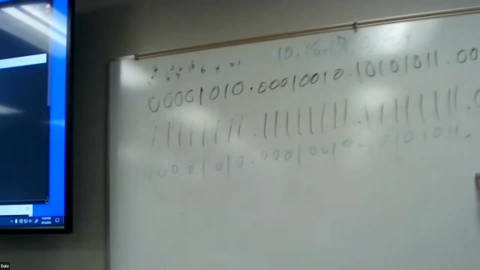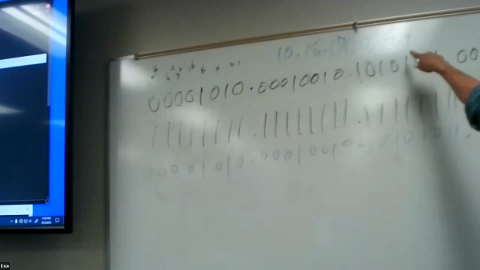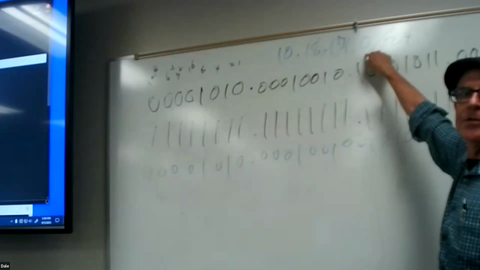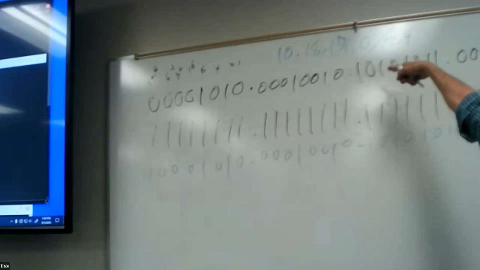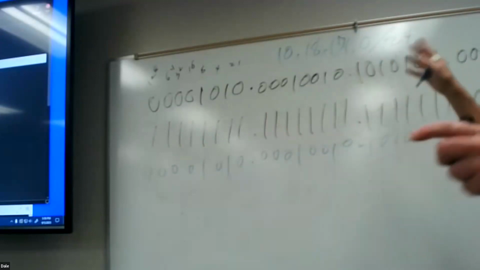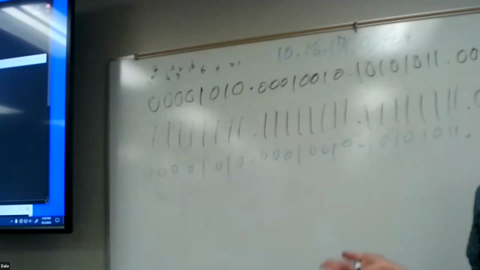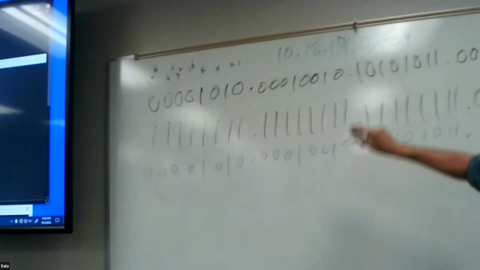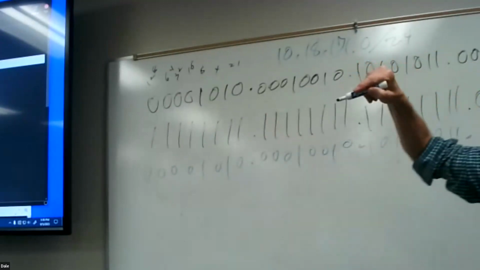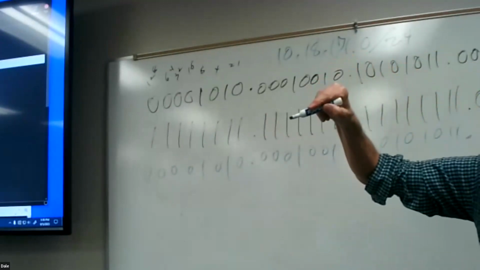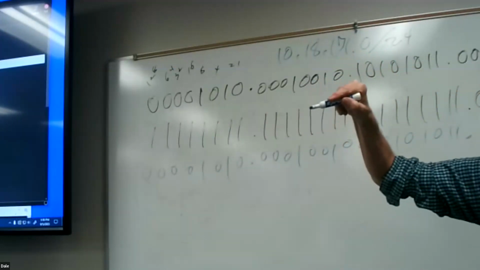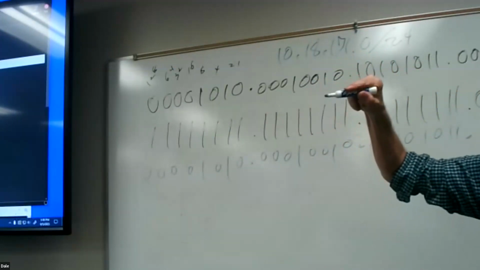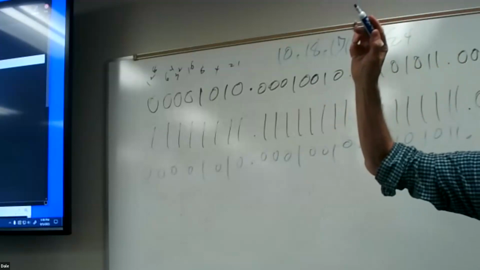Now, why does this mean anything? This tells me that the subnet is 24 bits, net mask. That means I can have that many unique addresses. I can go from 10.18.171.1 to 10.18.171.254.